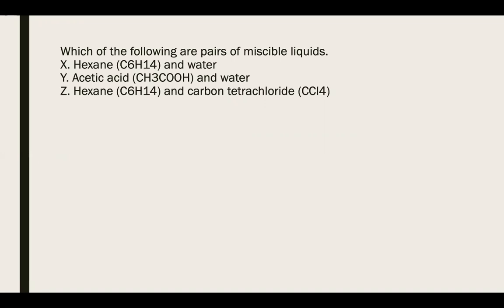Because of that, we can go through each of these to decide which are going to be miscible liquids that will actually mix together and have similar forces, being polar or non-polar.